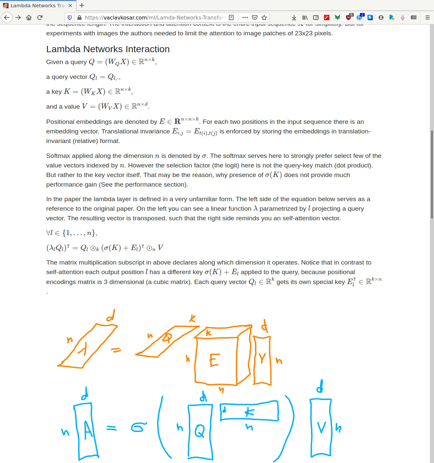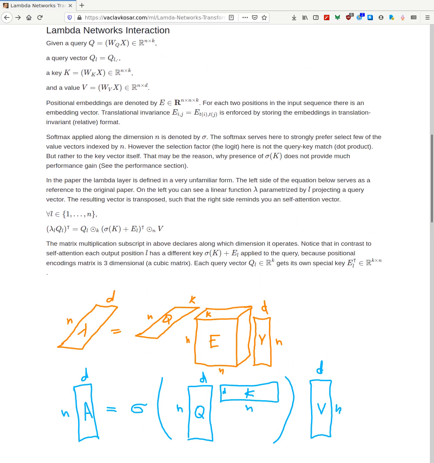Then we have a key, which is again a linear W matrix applied to X, n times k, right? And we have a value, a W matrix applied to X, n times d. All right. So far, this is very similar to the transformer, except for this k dimension for the keys.